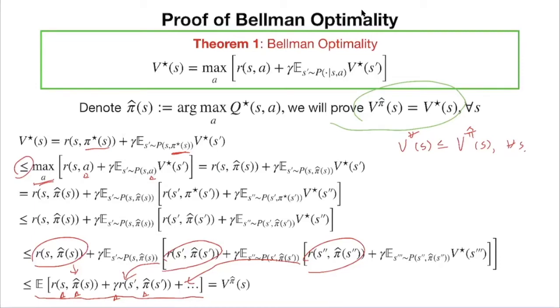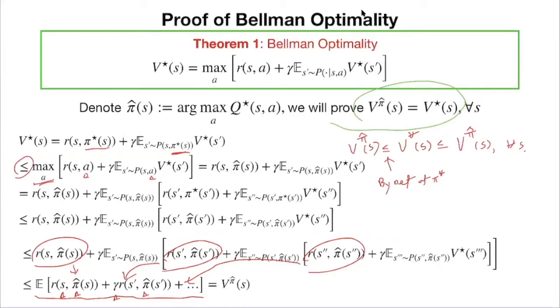Correct. So the missing step is this step, by definition of pi star. Now we get this sandwich inequality, which implies that v pi hat s has to be equal to v star s.